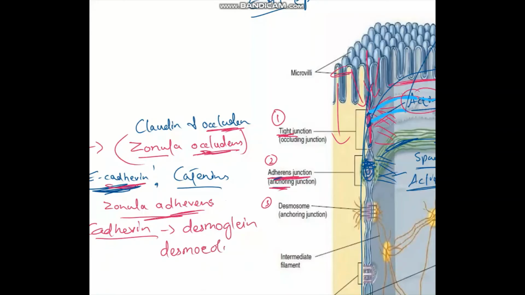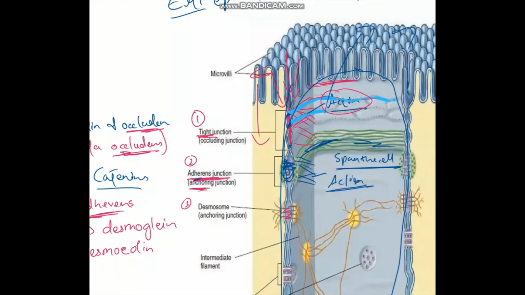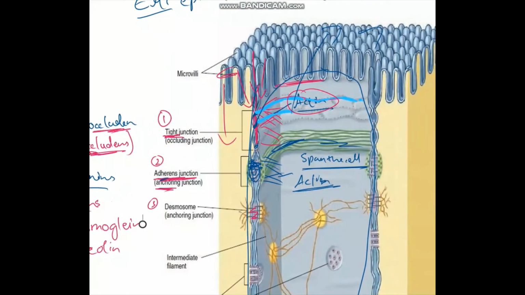These are proteins that are present inside these anchoring junctions, and they help in intercellular linkage and stability. So they help in the linkage between this cell and this cell, just like the adherens junctions. But the difference between desmosomes and adherens junctions is that these are connected internally to intermediate filaments. Remember, adherens junctions were connected to actin filaments, but these are connected to intermediate filaments.